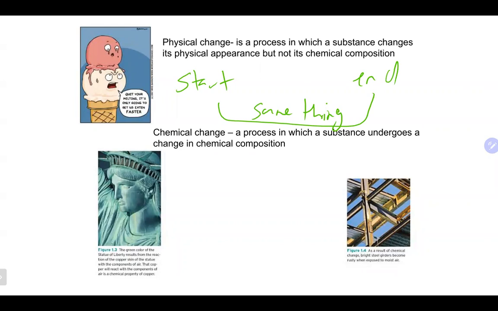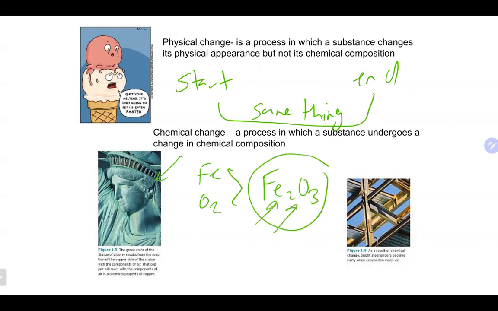In a chemical change, what you start with and what you end with are fundamentally different things. Patina like this, a little bit of copper being oxidized in the air, forms that greenish patina color. For rust, you start with iron and some oxygen separate from one another, and they come together to form iron(III) oxide.